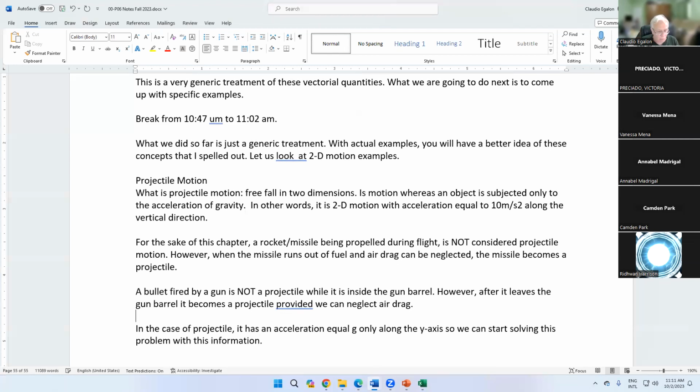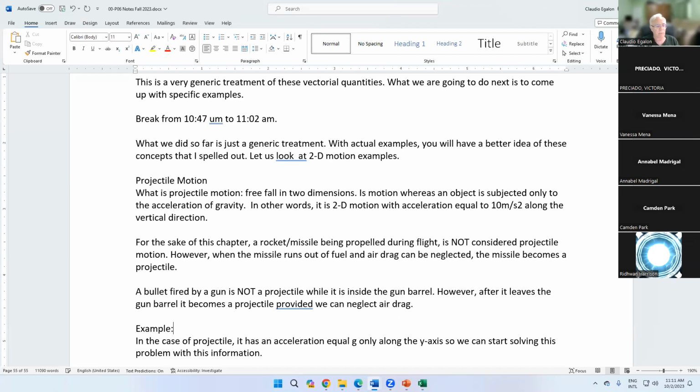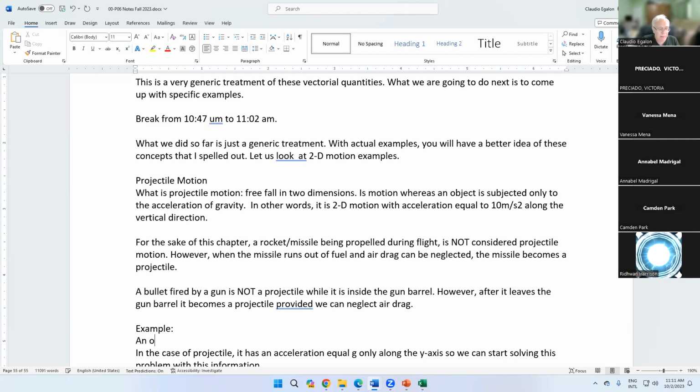So let's treat it as though it is an example. Example: an object is propelled with an initial velocity v naught, the initial velocity vector v naught, and this is making an angle theta with the horizontal.